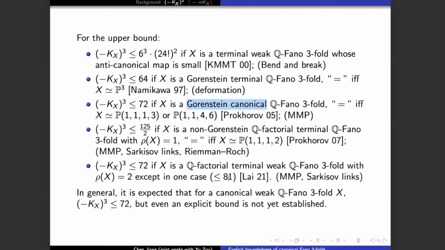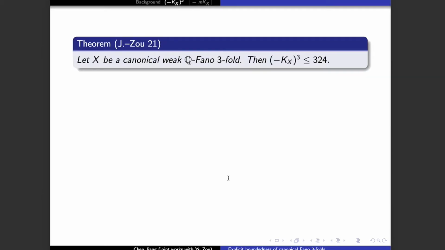Up to now there's no explicit bound. So the result of myself and Yu Zou shows that we can give the first explicit bound for the anticanonical degree. We show that if X is a canonical weak Q-Fano threefold, then the volume is bounded from above by this number, 324.